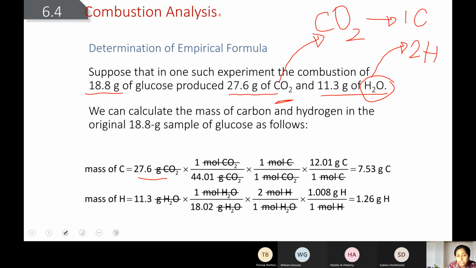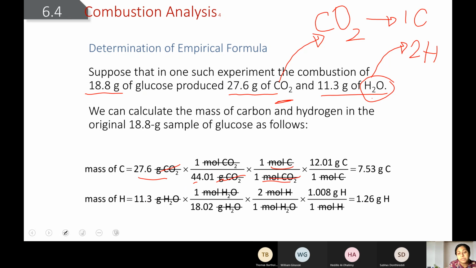Now we'll change it to moles of carbon dioxide. So we divide that by the molar mass of carbon dioxide. Then grams of carbon dioxide cancel out, and now we have the answer in moles of carbon dioxide. Now we can use a relationship between the carbon dioxide and the carbon. Yes, in 1 mole of carbon dioxide, we have 1 mole of carbon.